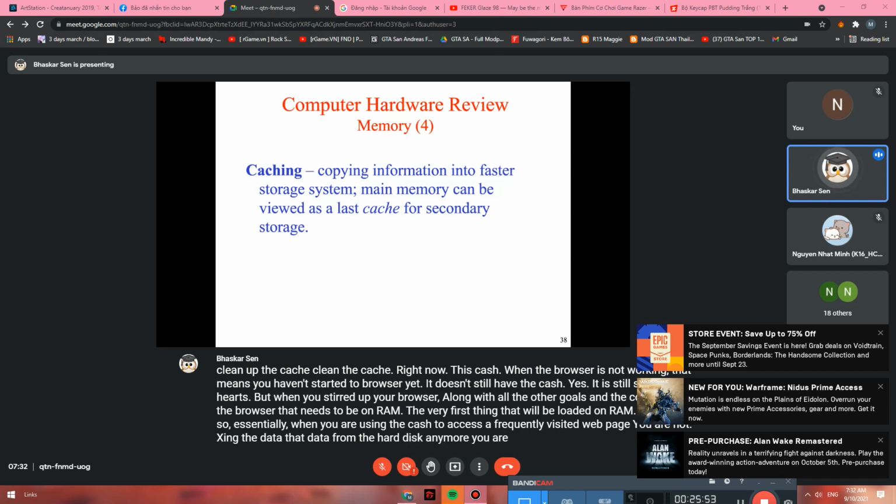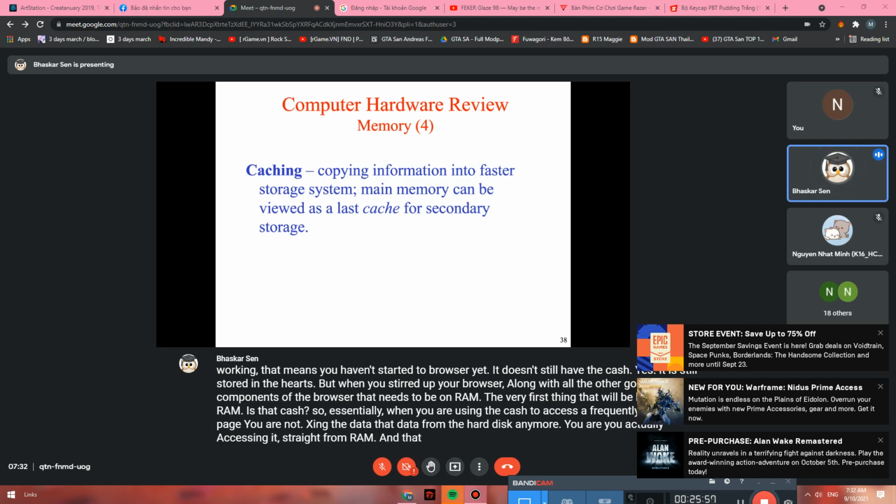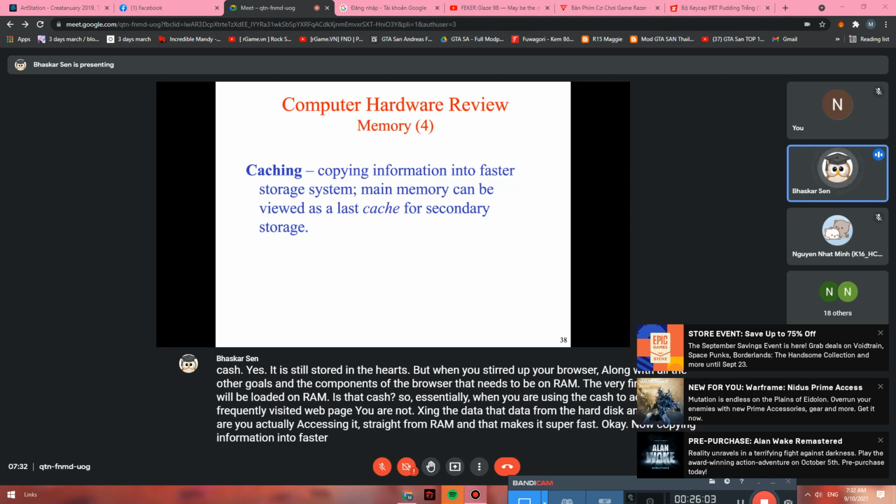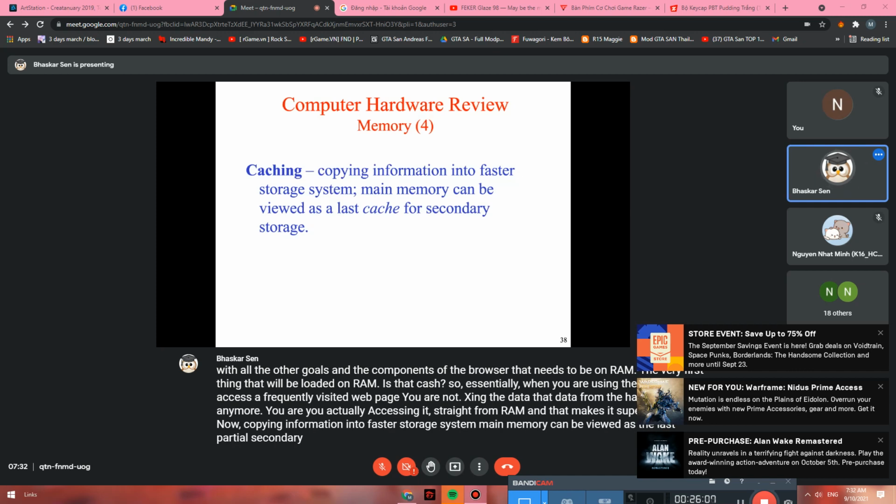You are actually accessing it straight from the RAM, and that makes it super fast. Now, copying information into a faster storage system, main memory can be viewed as the last cache for secondary storage. Sure.